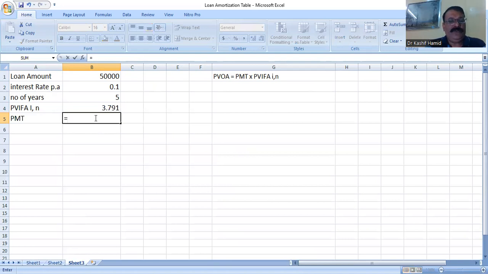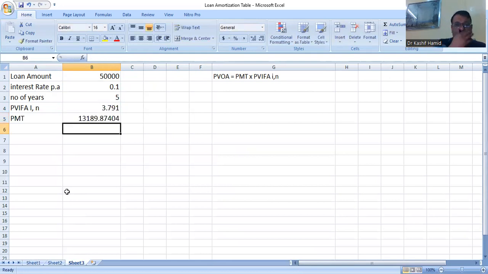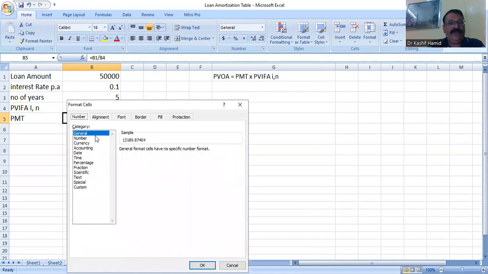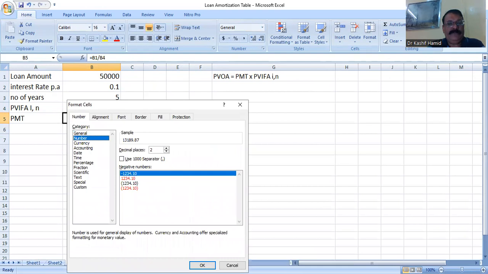That is equal to the loan amount, which is the present value of an ordinary annuity, 50,000, divided by the interest factor, and we have computed the installment, which is about 13,000. Let's format it to 2 decimal places.